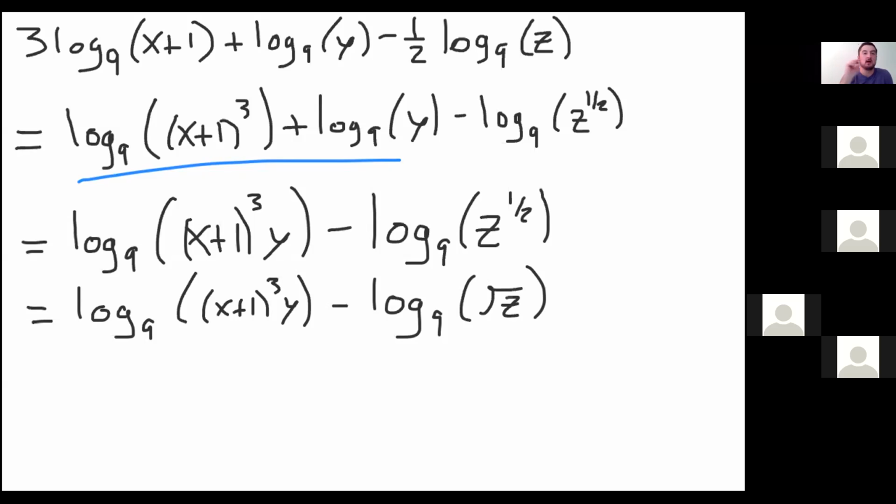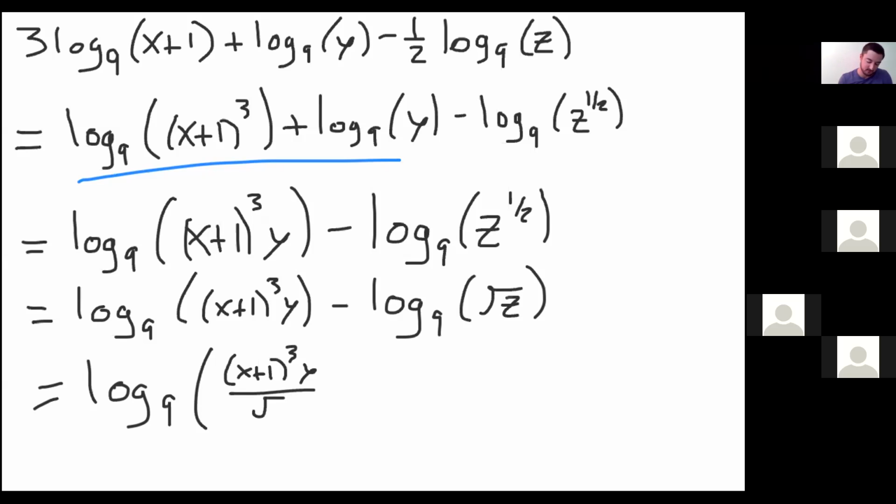now I'm subtracting two logs. The bases are the same, which means I divide what is inside. This becomes log base 9 of what was in the front, which is x plus 1 cubed times y, and I divide it by what I'm subtracting, which is the square root of z.